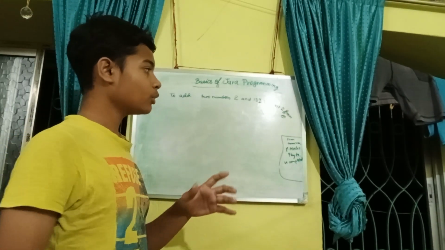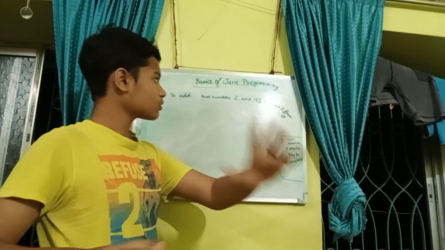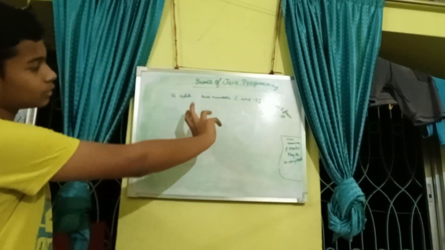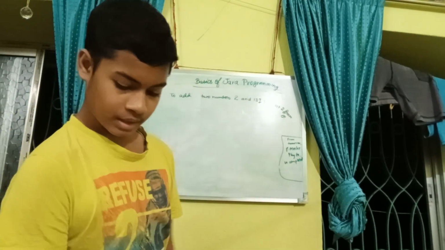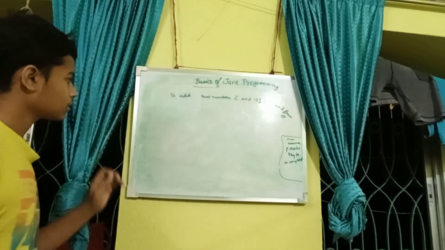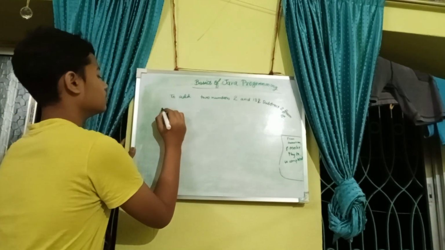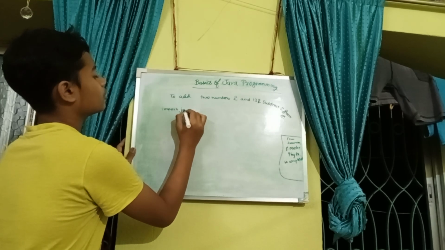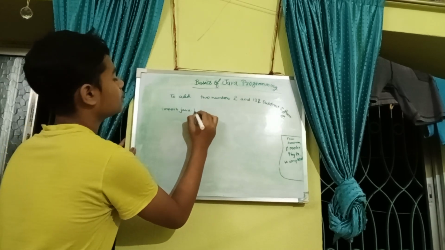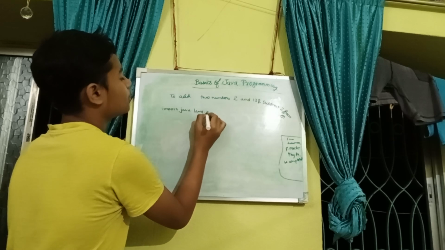From 13 we have to subtract 2. Understood? We have to add two numbers 2 and 13. I'm not writing those things here, still I'm writing as you are all beginners. Otherwise you will tell me, sir, you have not written it on the board, so I could not copy.